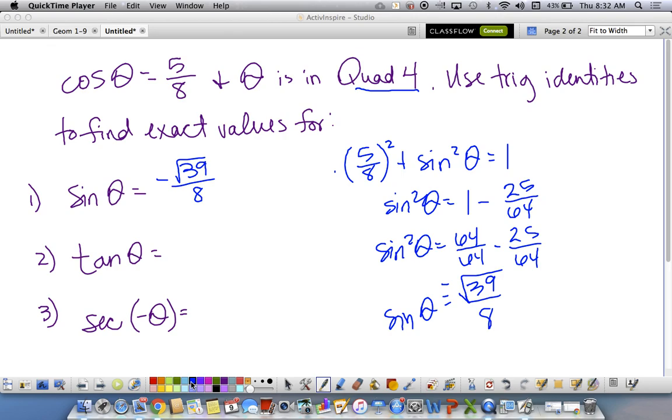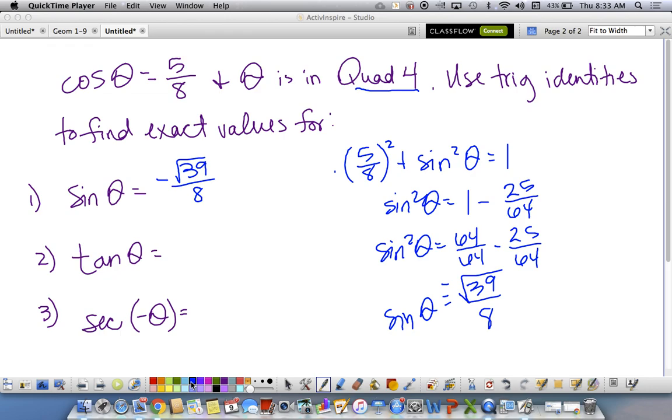Now, tangent. John, tell me how you found tangent. Well, first, I used the reciprocal identity to find secant, and then I used the Pythagorean identity of tan squared theta plus 1 equals secant squared theta. So you said tan squared theta plus 1 equals 8/5 squared.